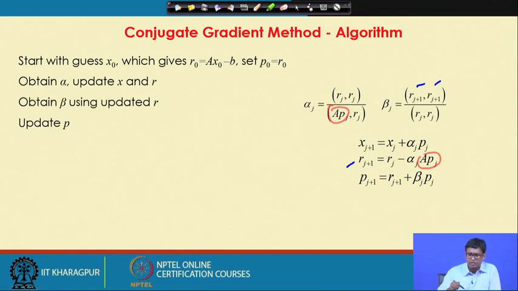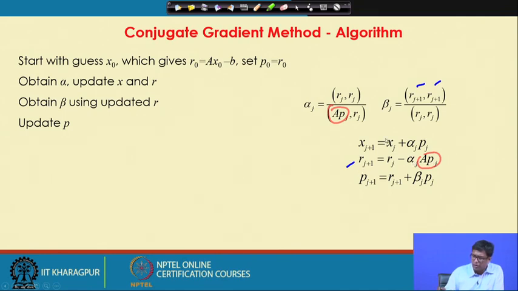So, start with j equal to 0: you have x_0, p_0 and r_0, and you obtain alpha_0. With alpha_0 you find out x_1 is equal to x_0 plus alpha_0 p_0, and r_1 is equal to r_0 minus alpha_0 A p_0.